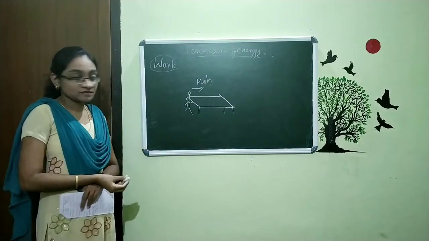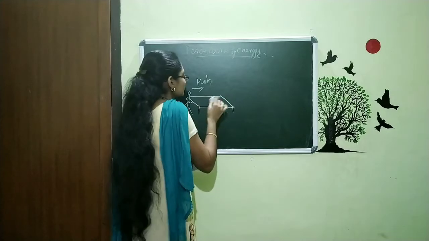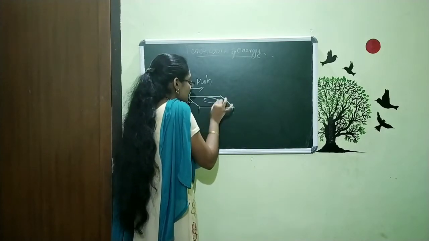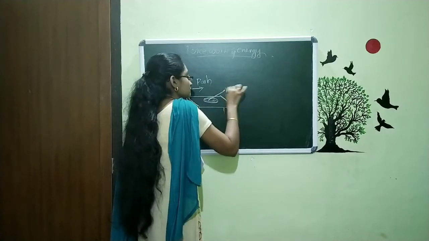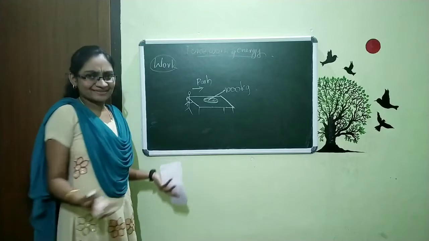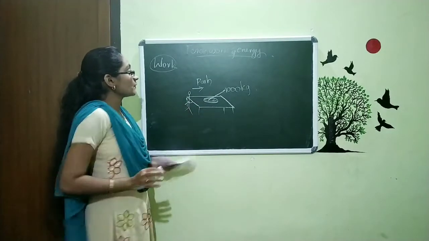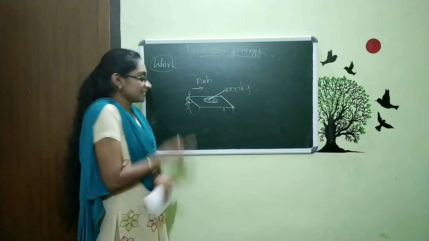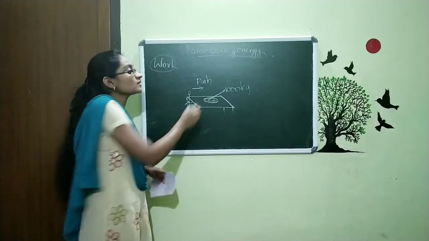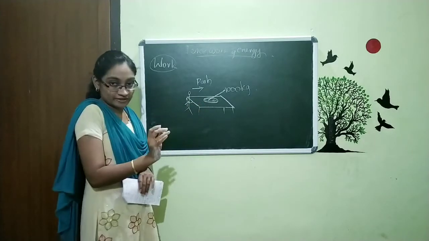First, this table is not moving, because on this table we are putting some sort of 1000 kilogram object, and because of that it is not possible to push this table. Here this child is giving force on the table but there is no position change. That means this table is not moving.